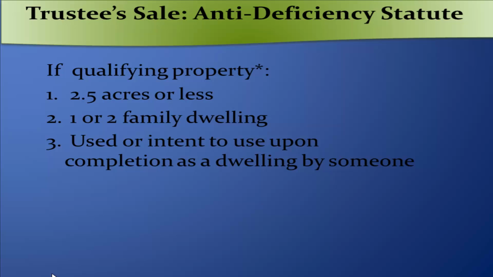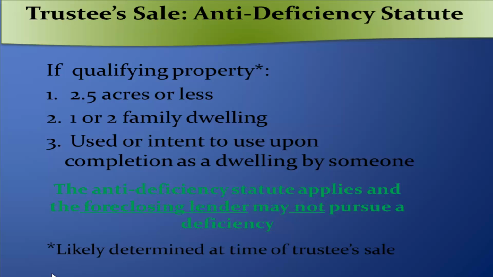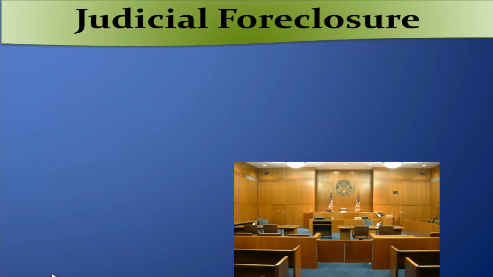If those three requirements are satisfied, then the anti-deficiency statute applies and the foreclosing lender may not pursue a deficiency. The type of loan makes no difference if the foreclosure is by a trustee sale. The determination of whether it's qualifying property likely is determined at the time of the trustee sale.